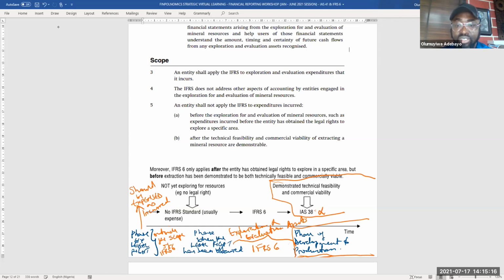Why? For the aspect of tangibles will be accounted for under IFRS 16. 38 for intangibles, and you all know what intangible is from our past learning, and these are for tangibles.